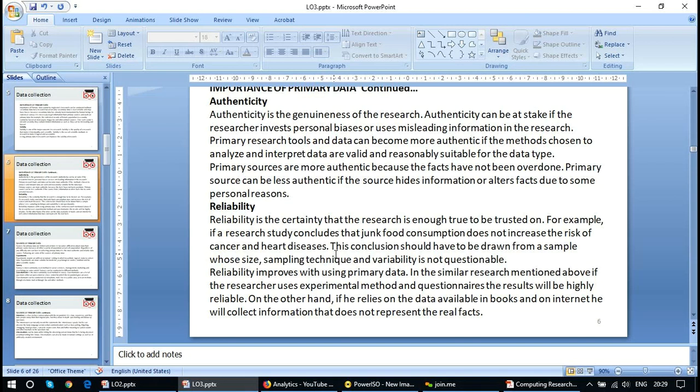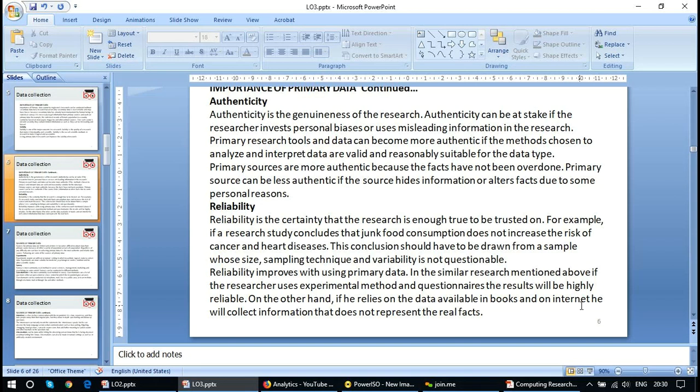Reliability improves with using primary data. In similar research methods above, if the researcher uses experimental method and questionnaires, the results will be highly reliable. On other hand, if he relies on the data available in books and on the internet, he will collect the information that does not represent the real facts.